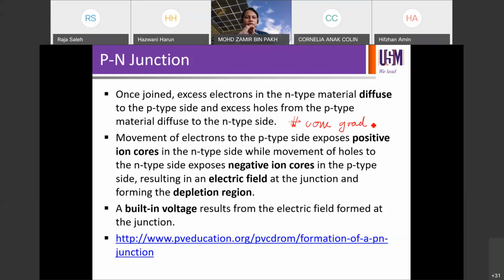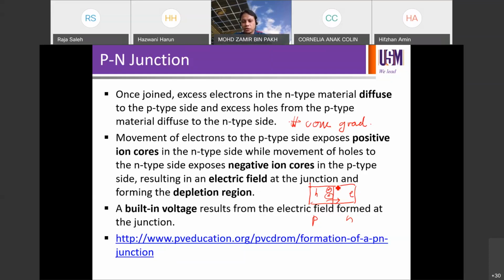Okay, movement of electrons to the p-type exposes positive ion cores. So the moment you have, this one is p-type, this one is n-type. So you have so many holes here, so many electrons here. So when the holes are diffusing to n-type, they're going to leave negative ion cores, negative charges near the junction.